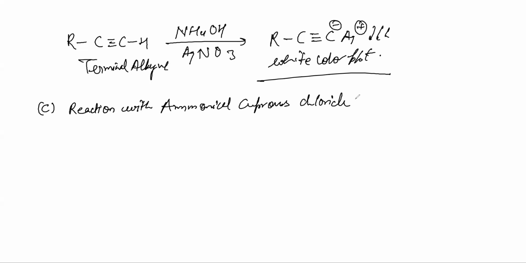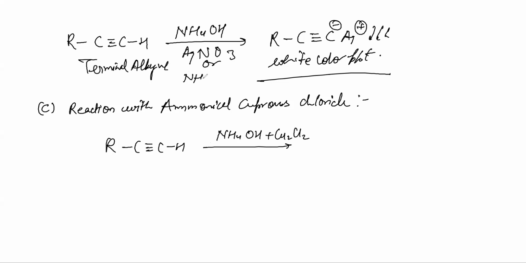Reaction with ammoniacal cuprous chloride. Or they can write like this. Oh, one more thing. Tollens reagent can also be written like this: Ag(NH3)2 plus.